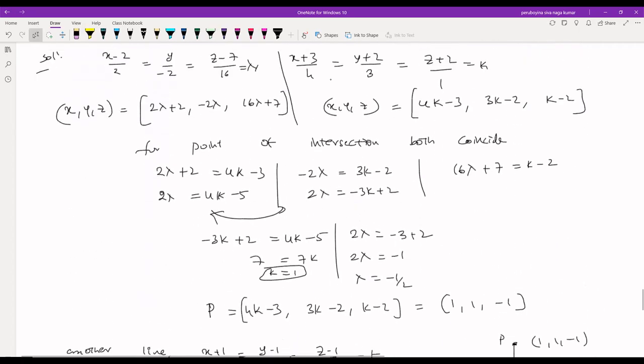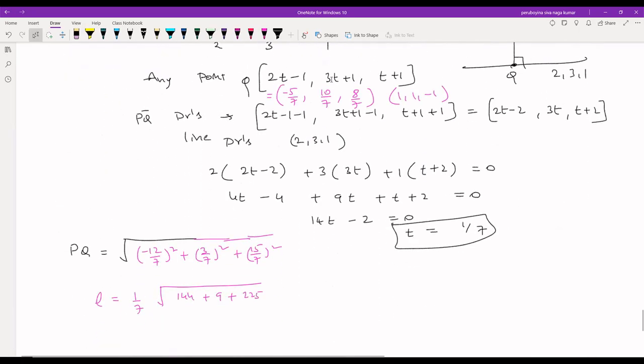He's asking for 14L square. So 14L square means if we have to double it, 7 into 7, because it's a square now. 144 plus 9, 153. 153 plus 225, 368.